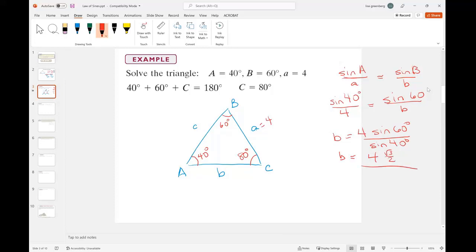So all I really need to know is the sine of 40 degrees, which is 0.643-ish. So that's really 2 times the square root of 3 divided by 0.643. And I get that B is equal to approximately 5.39.